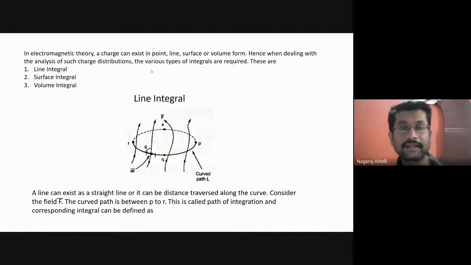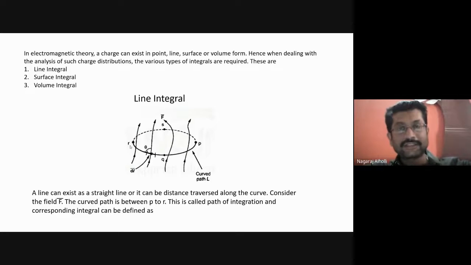Let us consider the first one, the line integral. This is the curved line. How is it a line? If I consider this curve from P to R, it is not a straight line, but it is somewhat like a line. If I take a thread and put it in the form of a curve, now when I make it straight, is it not a straight line?